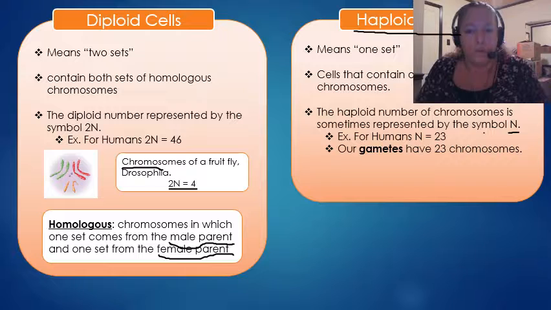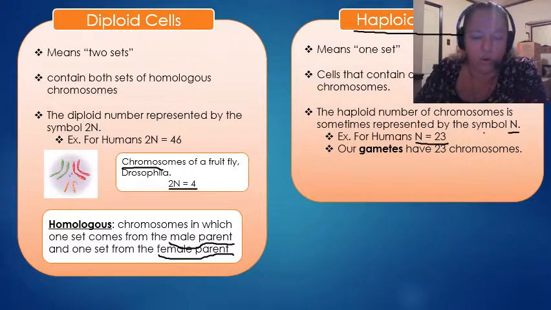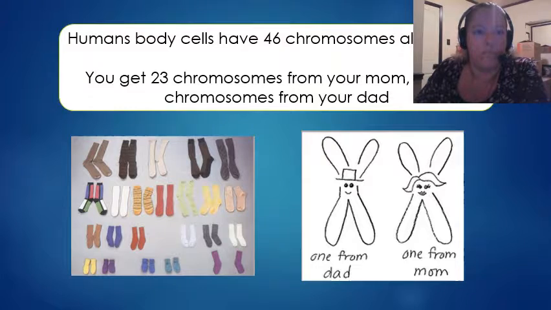So for humans, n would equal 23. So our gametes each have 23 chromosomes in them. Once those two gametes join together, they have 46 chromosomes. You get 23 chromosomes from mom and 23 chromosomes from your dad.